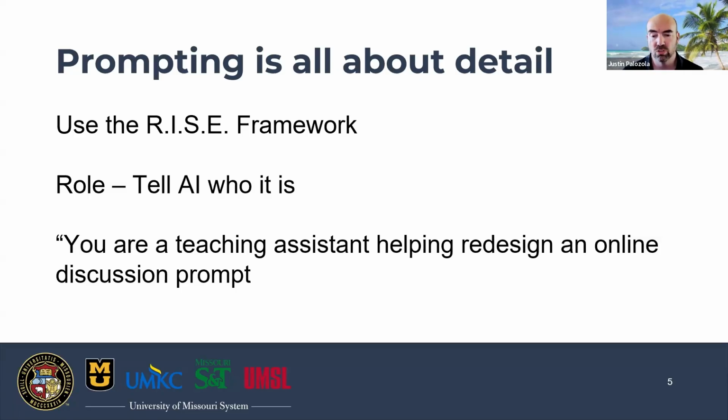It's really important to talk about what you want that role to be. Maybe it's a teaching assistant, or maybe you're a faculty member that's teaching a certain class. Maybe you're trying to get it in the eyes of the student, so you are a student taking my class that is titled this, right? But the more detail you can get, especially around the role, the better.